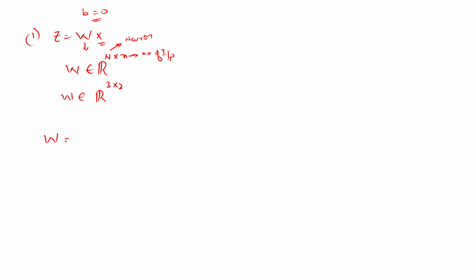Let me write it here. This will be a 3x2 matrix. We will have some elements over here. So how do we determine these elements? To begin our neural network, the values of w and the value of v are values we have to initialize in the beginning. Let's go back to the previous slide.